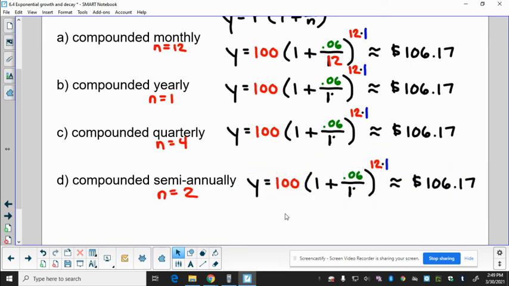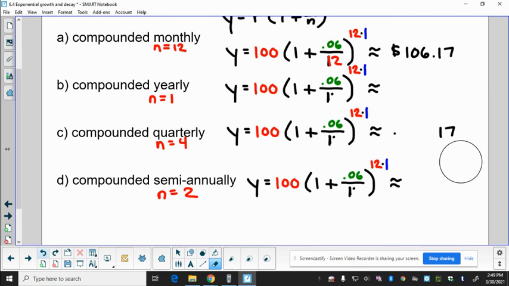And then I'm going to erase part of this because part of it will not be the same. Okay, so I just messed that up, didn't I? Okay, so the final amounts will be different. And what else will be different? Well, my value for n will be different. So this and this are going to be different for each one of these problems.